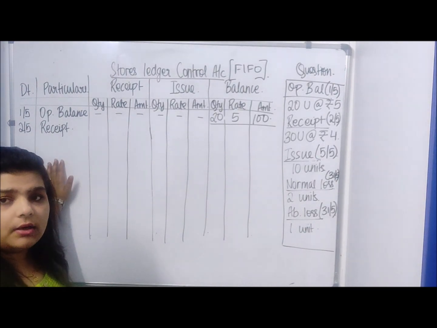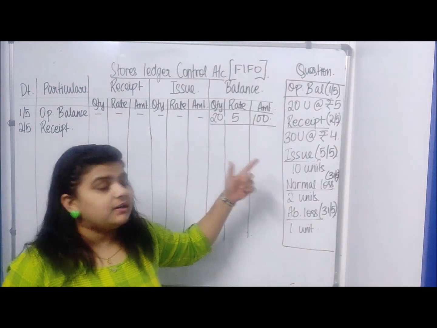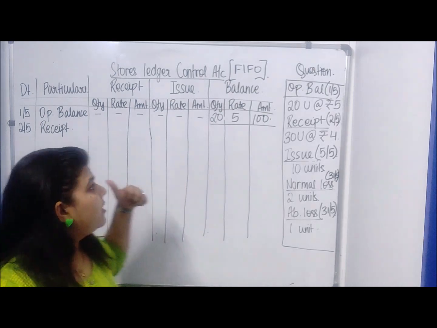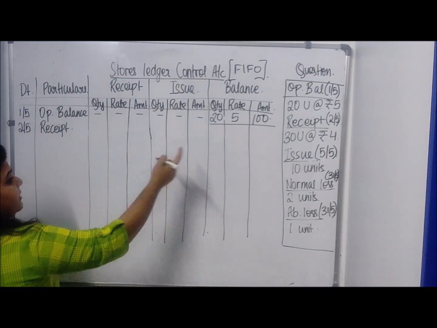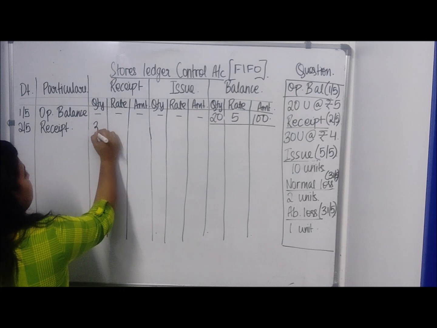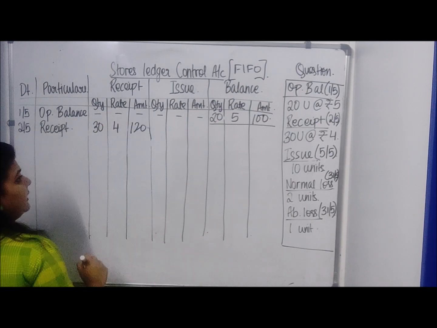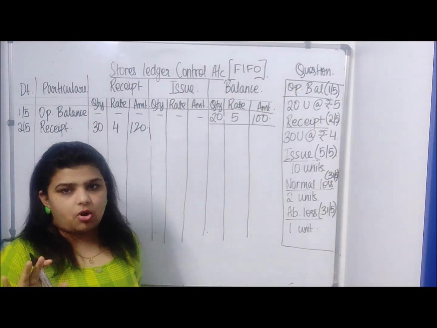When it comes to theoretical questions, they generally give you receipt only. Or if GRN number is there, please write that. GRN is goods received note number. Now, I have received 30 units at rupees 4. So receipt column 30 units at rupees 4, that is 120. Now we are following FIFO method. Under FIFO, you don't mix the stock.